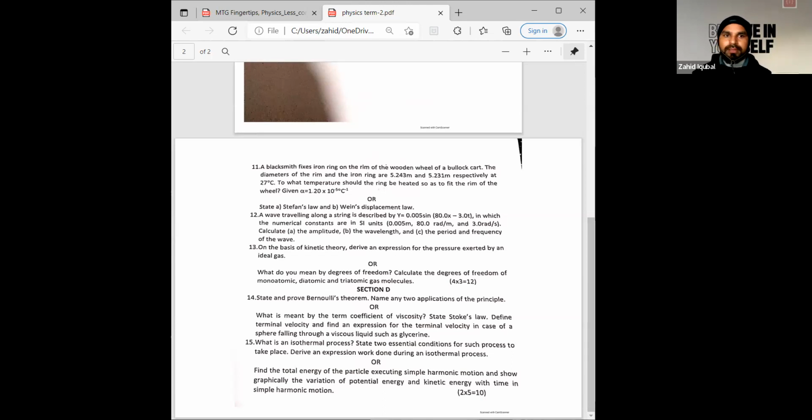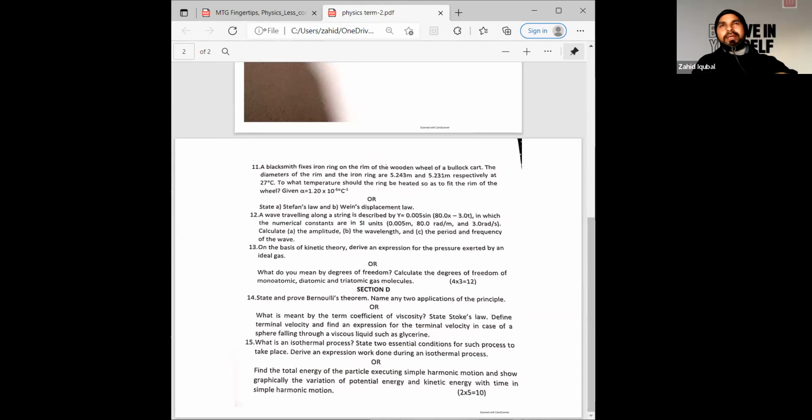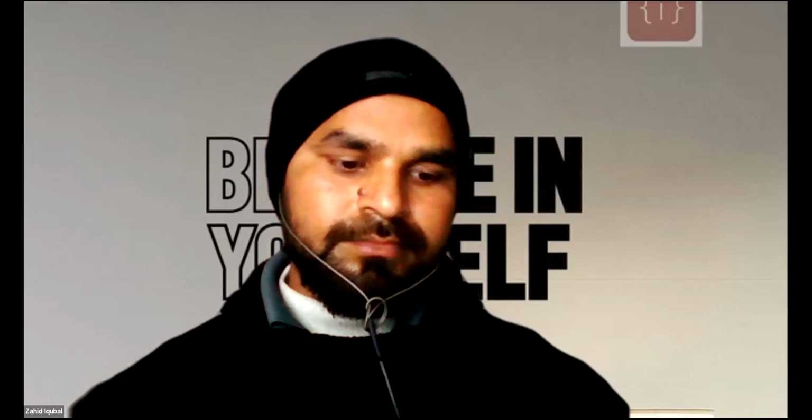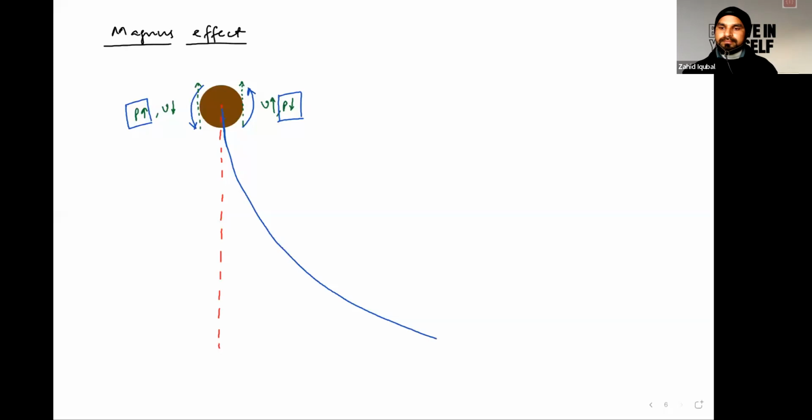Numericals will be, I think, 2 or 3. This is all about this entire thermal fluid part.